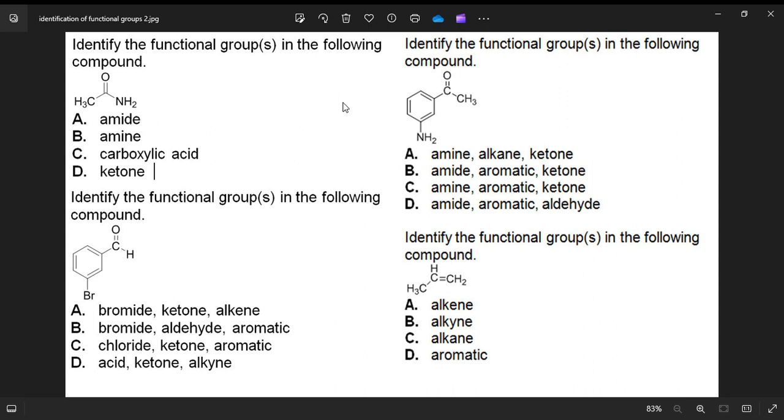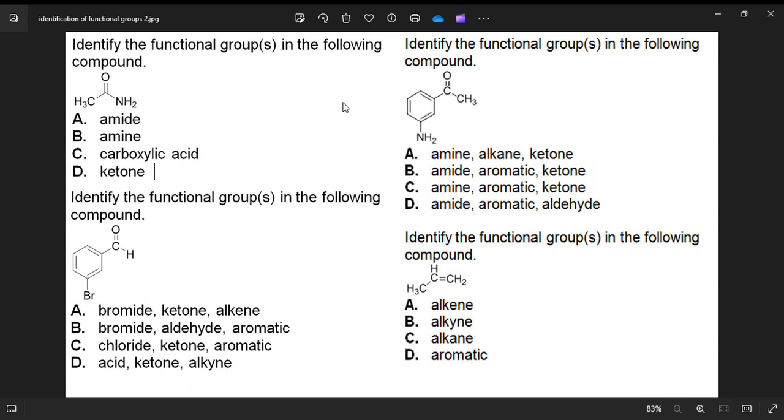When you mix your sample A or dissolve it in Lucas reagent, I'm sure you were given a reagent labeled Lucas reagent, after about 5 minutes, the solution becomes cloudy.